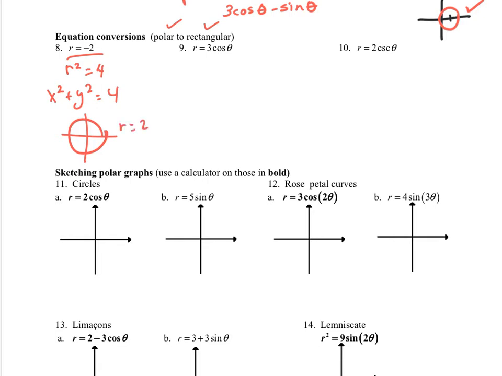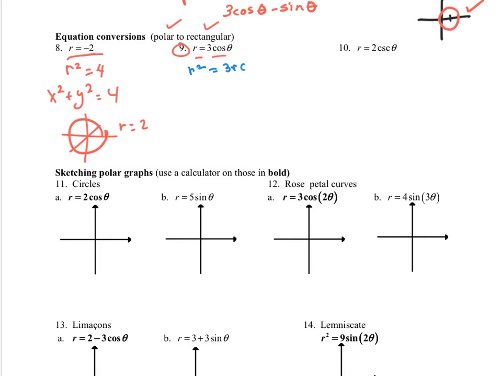Okay, now it said negative 2, but that just means that if I normally would go here, I'm going to go this way instead. It's just going to go the opposite way, so it's no problem. Number 9, r is equal to 3 cosine theta. So this one's close, but we really like the r squared instead. So can I multiply both sides by r?